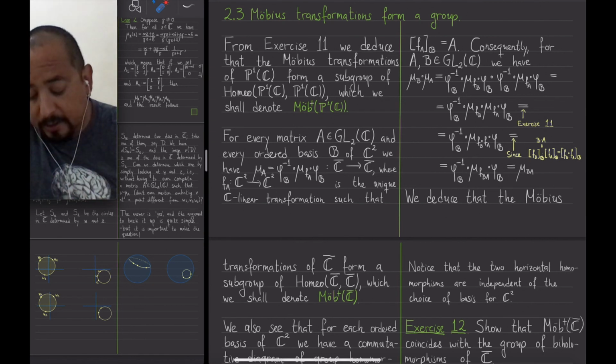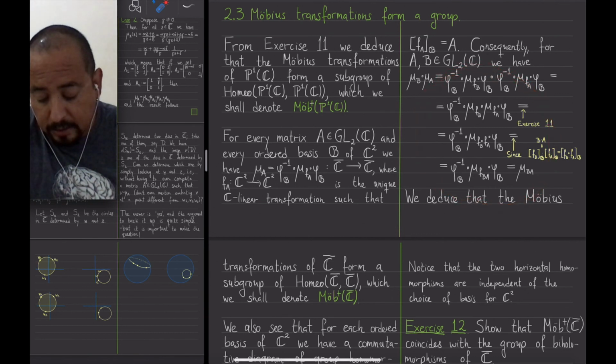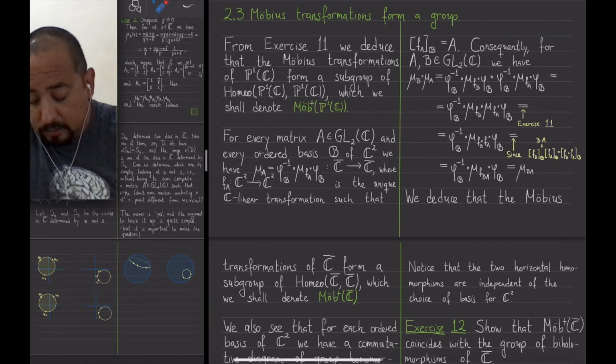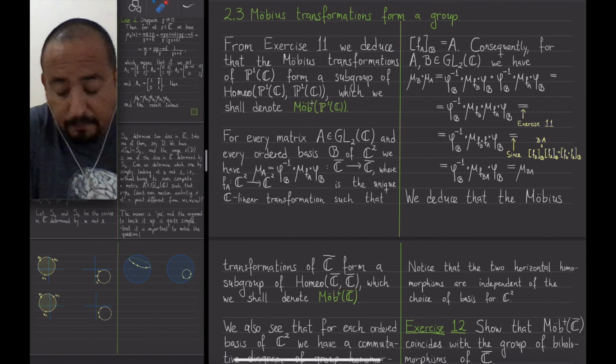Then I explicitly showed the computation that implies that the Möbius transformations of C bar form a subgroup as well, now of the group of self-homeomorphisms of C bar.